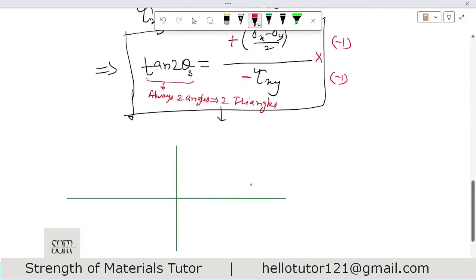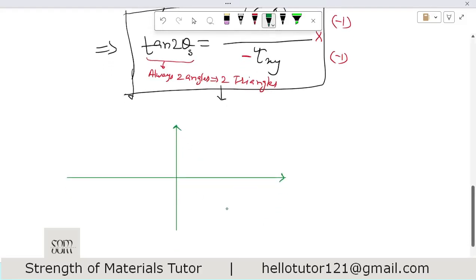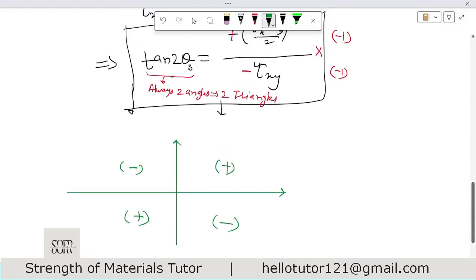So from basic mathematics, if this is the coordinate system, we know this side is negative, this is positive, this is negative, and this is positive, okay. So if we draw this tangent of 2 theta, it is always going to be in this quadrant because it is negative, and also in this quadrant because it is negative.